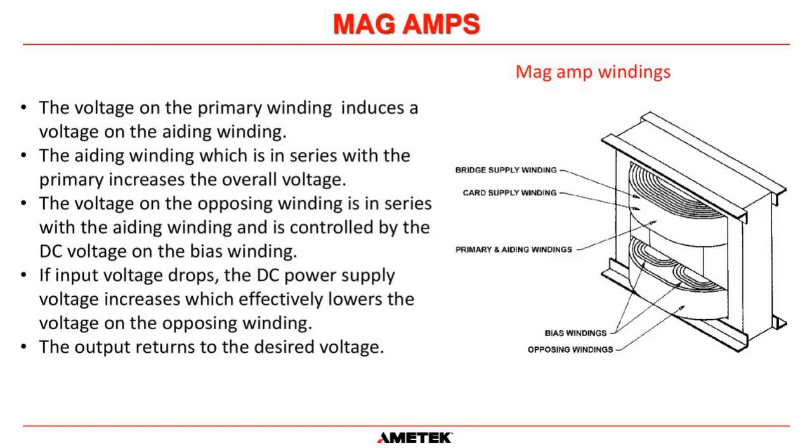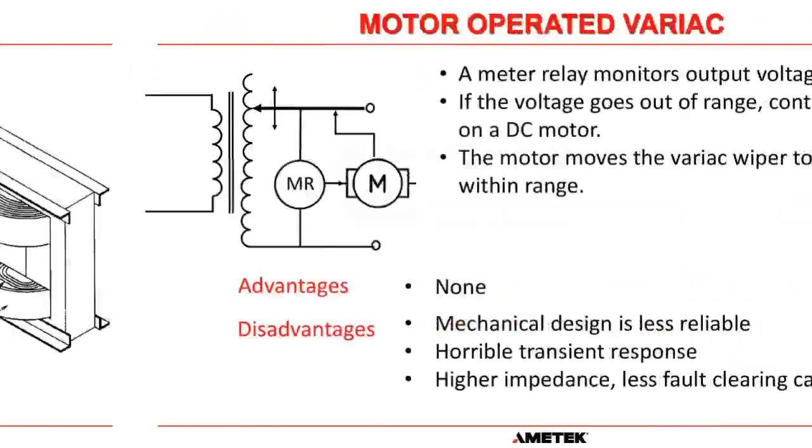So what we've got is essentially 2 secondaries. One increases the voltage, and the opposing winding decreases the voltage, depending upon a DC bias put on that opposing winding. So in essence, if the input voltage drops, the power supply increases its voltage, which effectively lowers the voltage on the opposing winding, and the output returns to regulation or the regulation band.